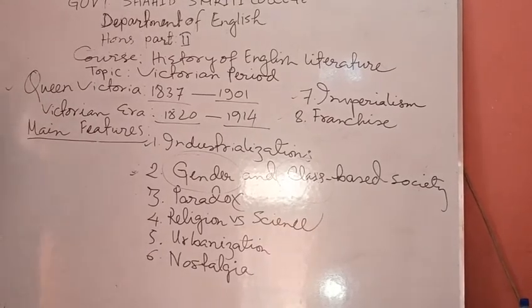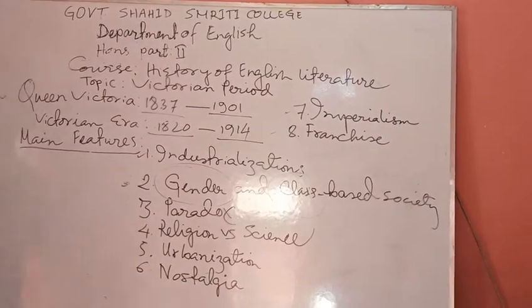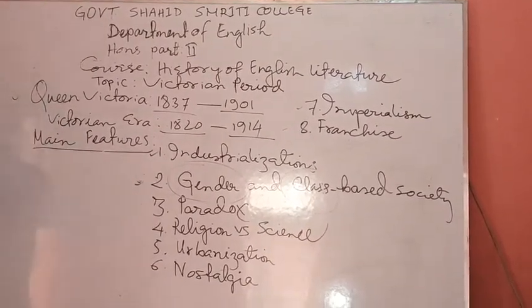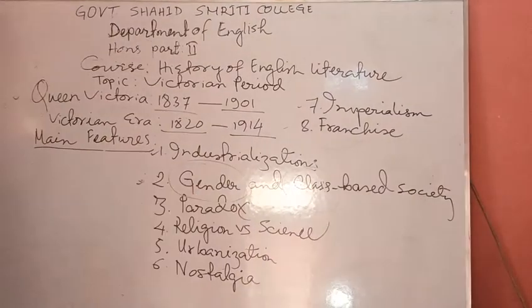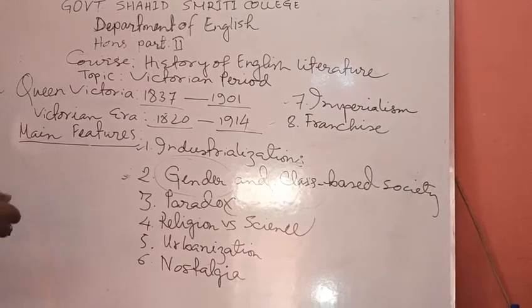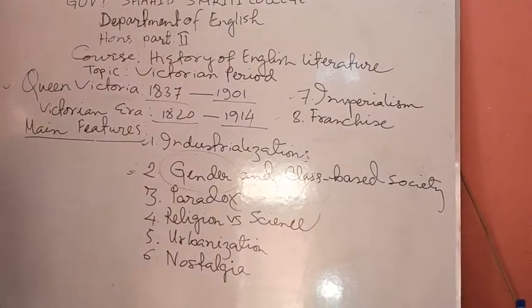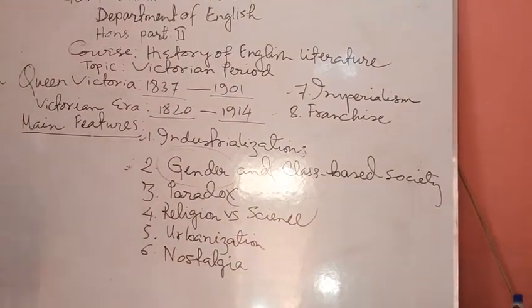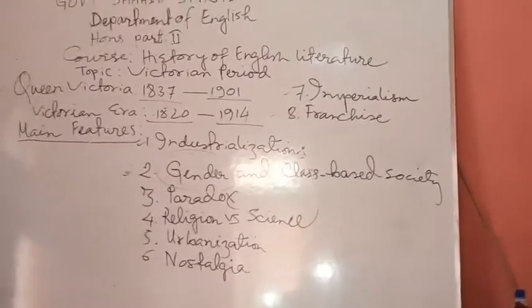Men belonged to the public sphere. They were allowed to take part in public activities, out of home activities. They used to participate in different socio-political activities, but women belonged only to the private sphere inside the home.